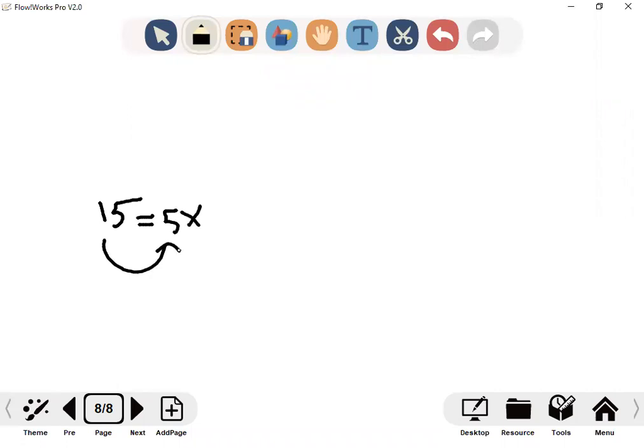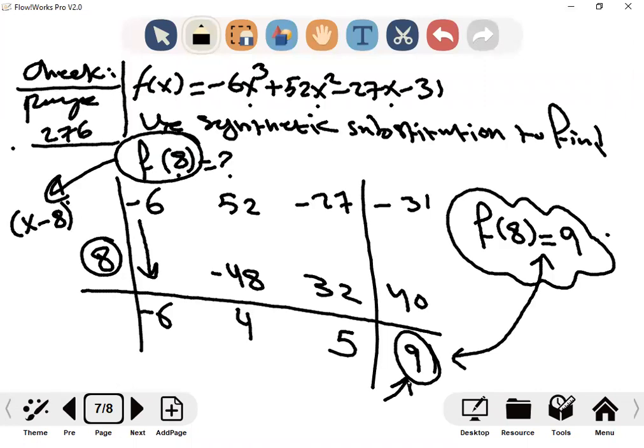If you know a factor and you want the other factor, you just make a division. 15 divided by 5 gives the other factor. Same in the polynomial. If I know one of the factors, I can find the other factors by dividing the original expression by the factor I already know. But how will I know if this is a factor, if the remainder is 0? Do you understand me?